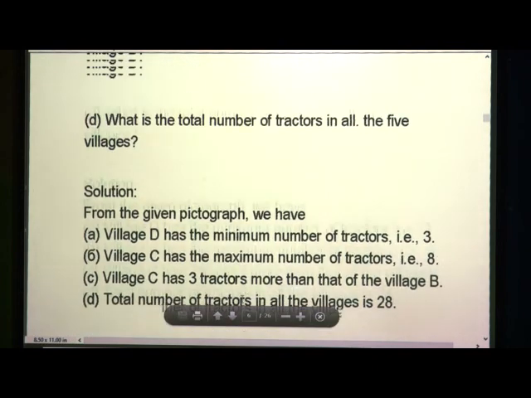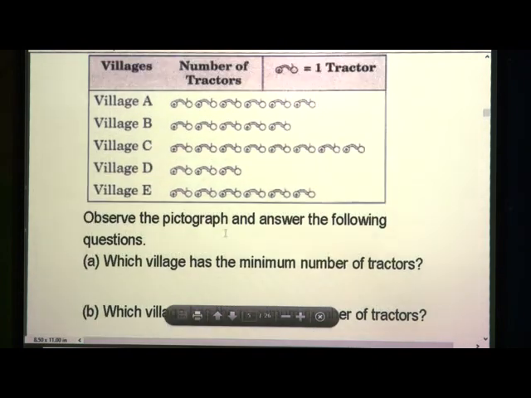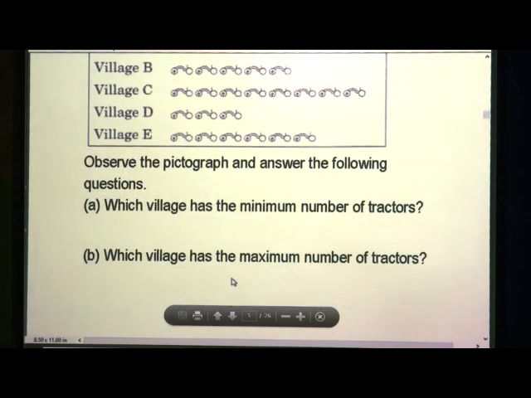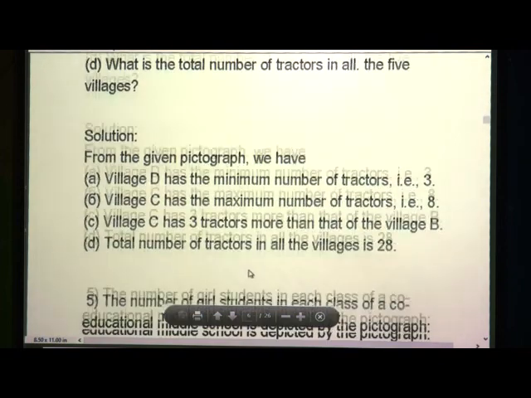We need to count all of these. So, we have 28 tractors in all the 5 villages. This is the data shown in the form of a pictograph. By seeing this, we need to answer the questions given. It's very easy. We'll move to the next question.